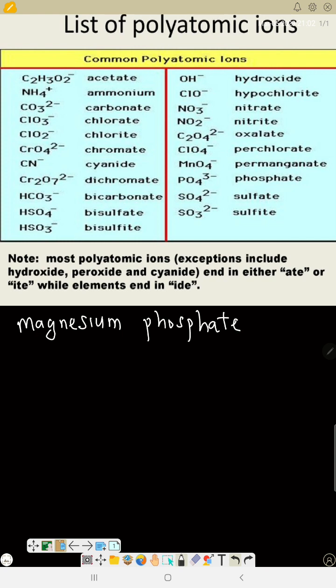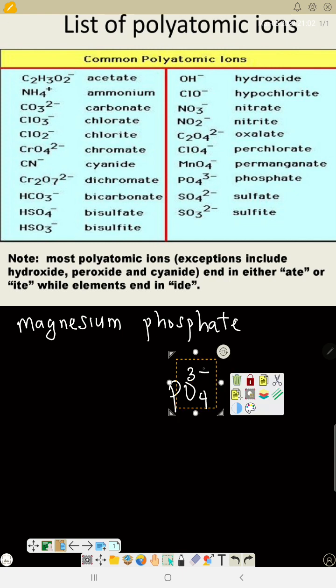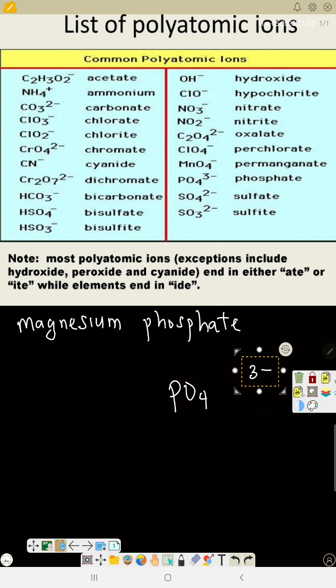Now phosphate is PO4 3 minus, or in full it will be tetraoxophosphate. Bring the 3 out, that's their total charge.